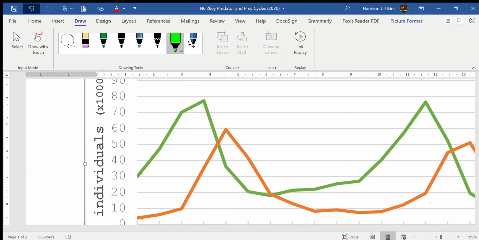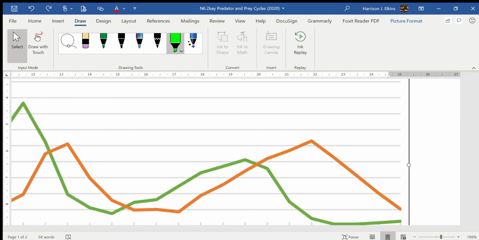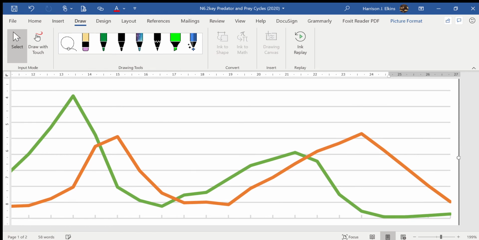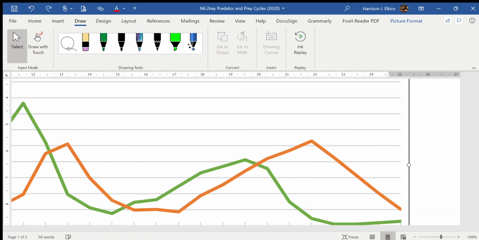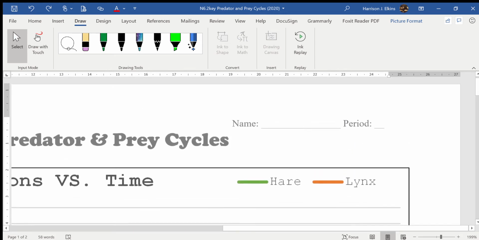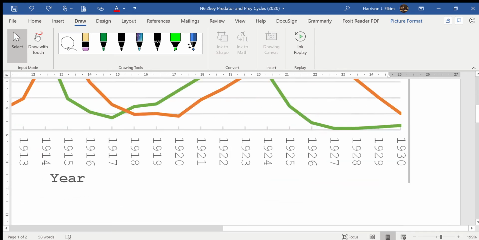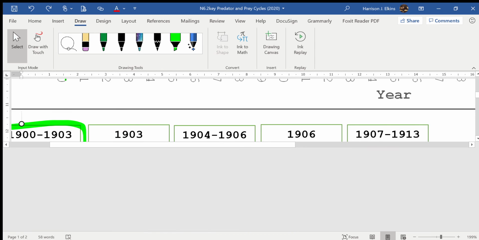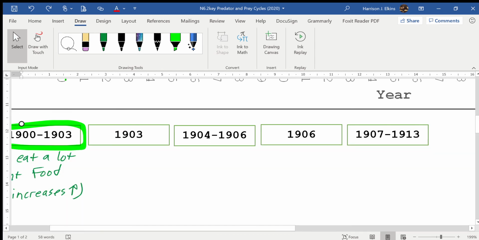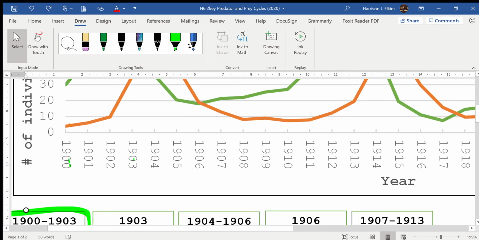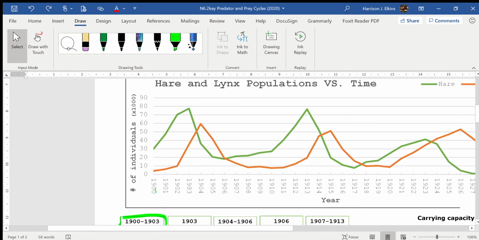So why did they reach that peak? Sorry, I'm grabbing the graph with everything on this one. Okay, so in 1903, we see that there is a peak happening, and we want to know why.